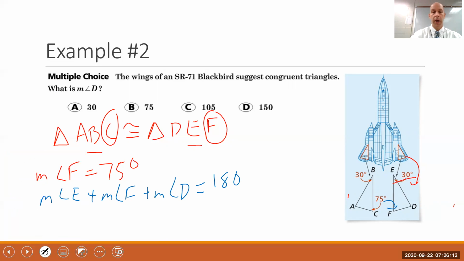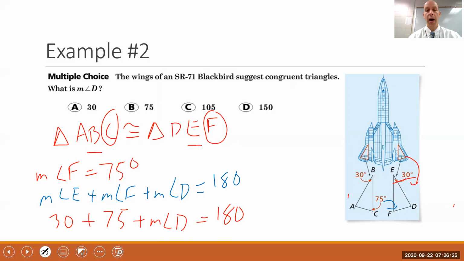Well, I know that angle E is 30, so that's 30 plus the measure of angle F, that's 75, we just figured that out, plus the measure of angle D equals 180. So now I have just one unknown, which is D. So I can add these two together, which gives us 105 plus the measure of angle D equals 180.